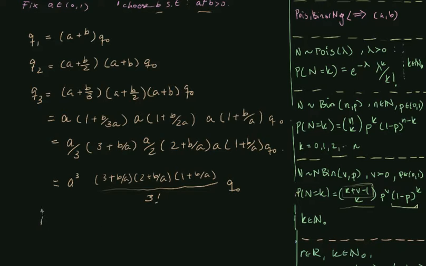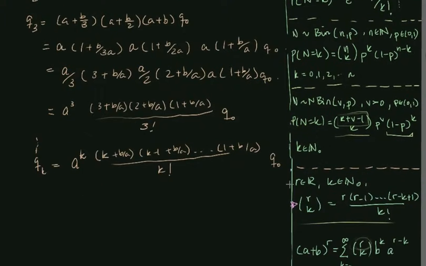And when we generalize this, we can be pretty much sure that Qk will then be A to the k multiplied by k plus B over A, k minus 1 plus B over A, and so on until the kth term, 1 plus B over A, divided by k factorial multiplied by Q0.